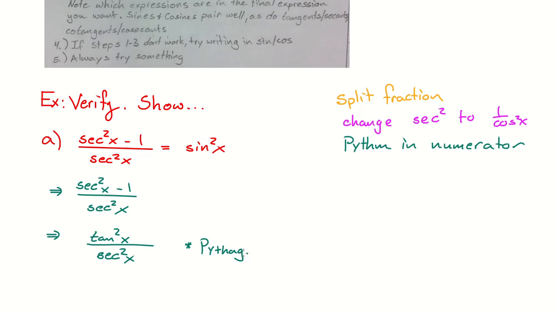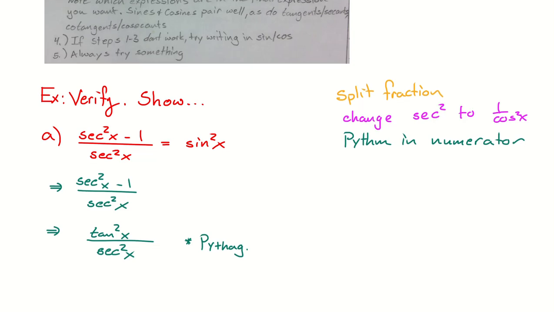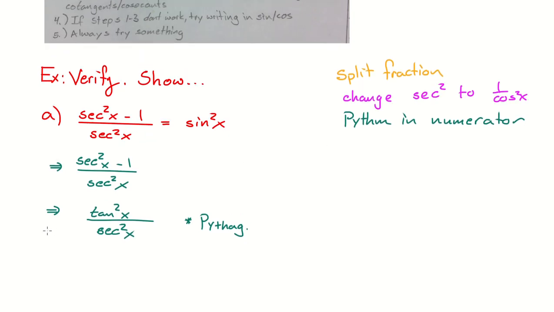So I could change everything into sines and cosines. Now, in this process, sure, I'm good with that. I might do one other thing real quick, and I actually will. Do you guys agree that this is the same as multiplying by 1 over secant? So whether I included this line or not, maybe it would be worth it, instead of calling this 1 over secant squared, that's the same thing as what?